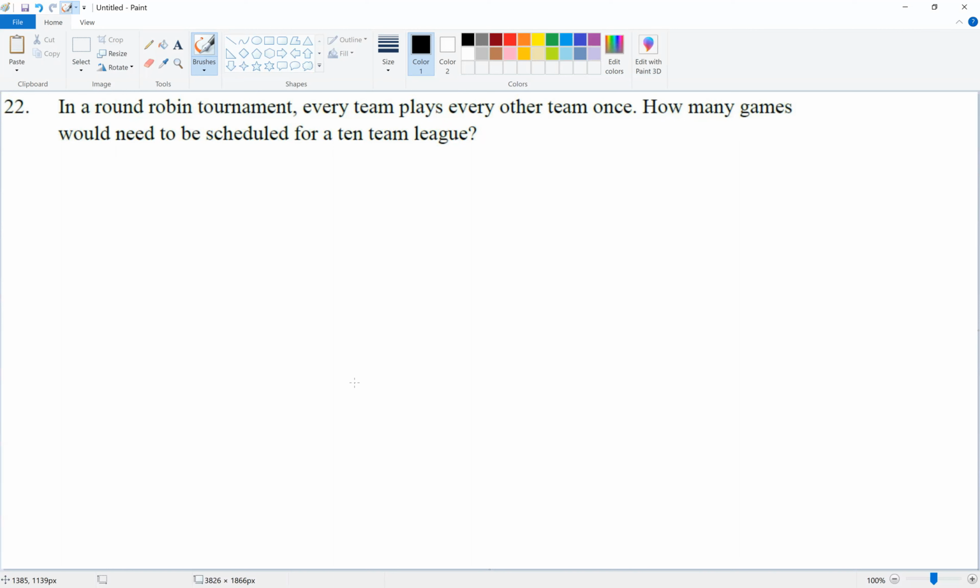So 10 plays against 9 others, correct? It plays against 9 teams, and then I went to 9, and 9 plays against 8 teams because when you did 10, 10 played against 9 already, so you'd go straight to 8 games when you went to team 9.